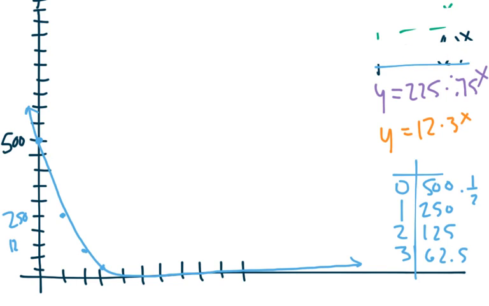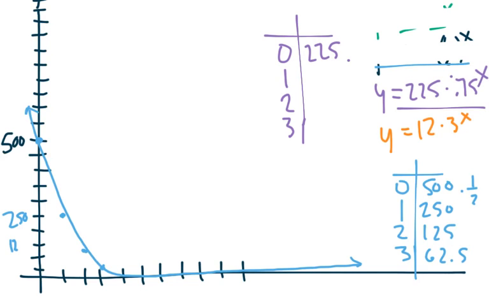So we got those two done. Now next up we've got 225 times 0.75 to the x. Let's try to graph that one on the same part. So I'd start at 225, and then we're timesing by 0.75 each time. I'm going to need a calculator for this one.